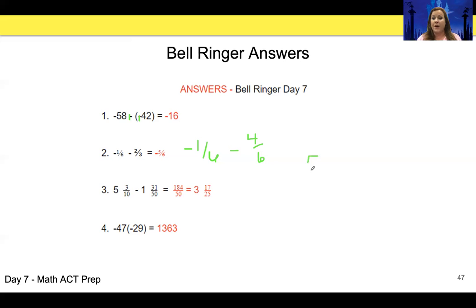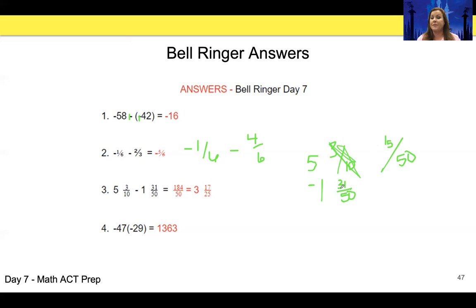So if you have 5 3/10 minus 1 31/50, you can see the first problem we have is we don't have common denominators. So when we change this to a common denominator, it's going to end up being 15 over 50 because we multiply top and bottom by 5.